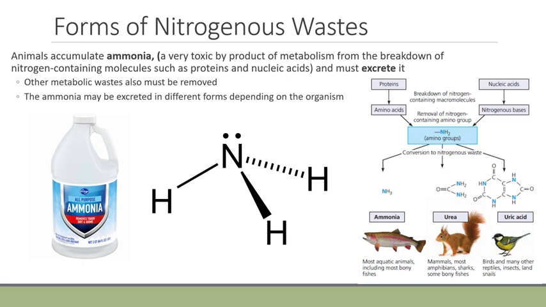Pretty much every animal will accumulate ammonia. It's a very toxic product of metabolism due to the breakdown of all those different biomolecules that have nitrogen. Think back to your different types of biomolecules, what they're made out of, and you hopefully remember that proteins and, to an extent, nucleic acids have a lot of nitrogen in them, right?